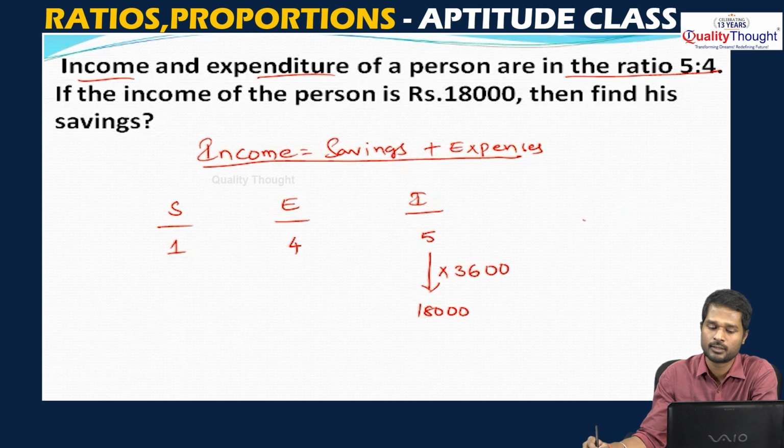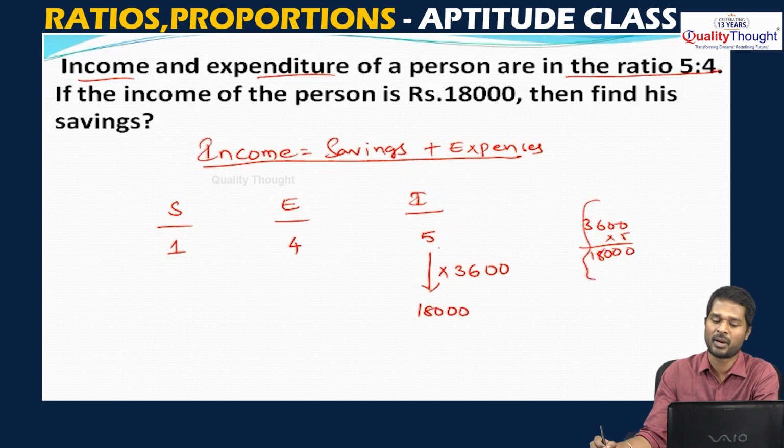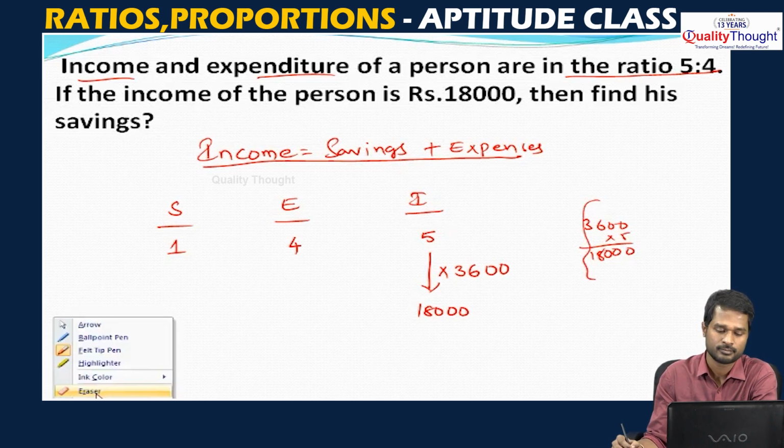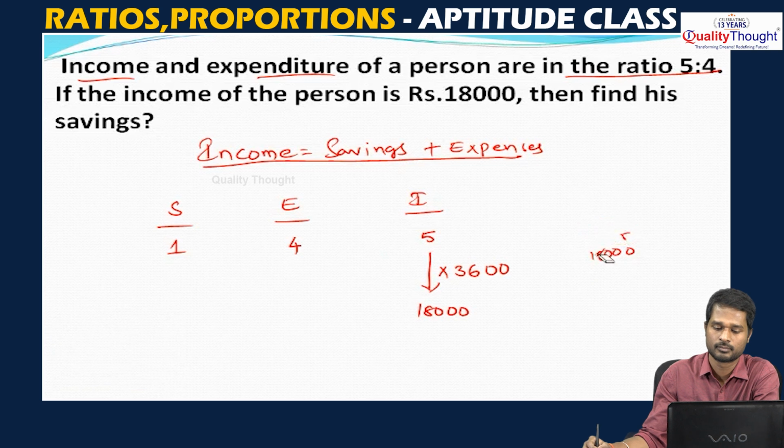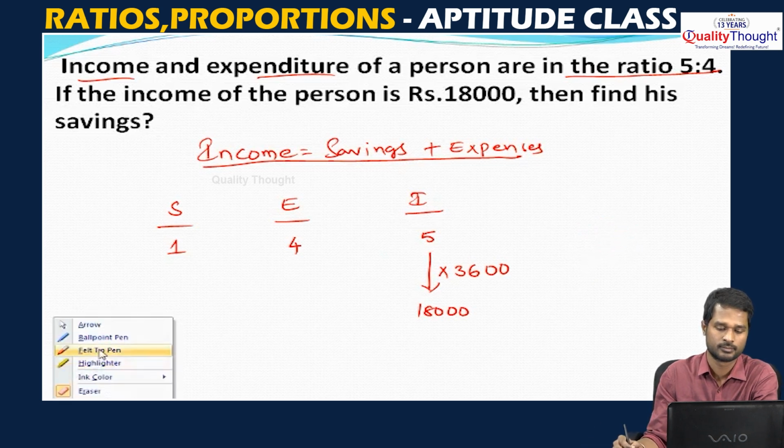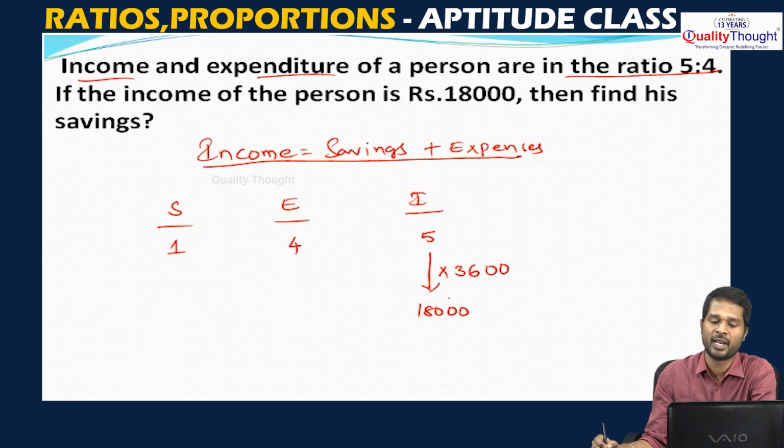So let's check that. 3,600 into 5: 5 0 0, 5 6s are 30, 5 3s are 15 plus 3 is 18. That means income has become 18,000, it is multiplied with 3,600.